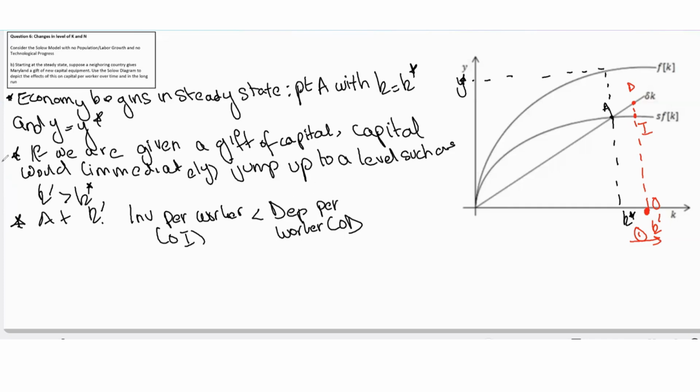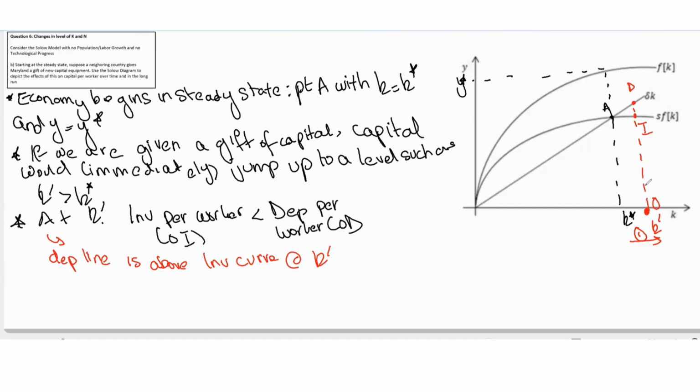We can see that the depreciation line is above the investment curve at K prime, meaning that given a gift of capital, capital immediately jumps up to a level such as K prime.